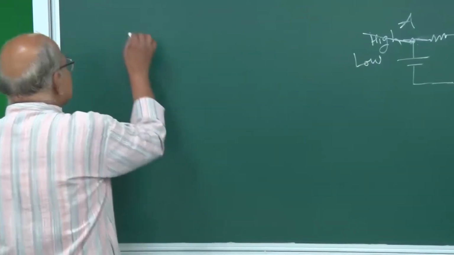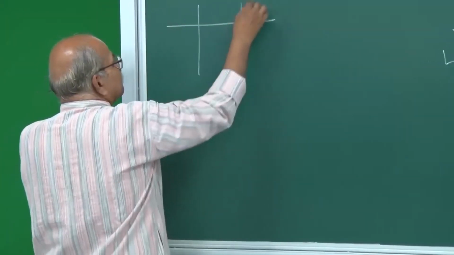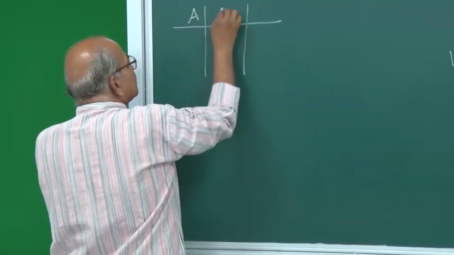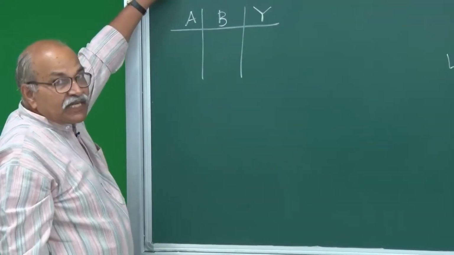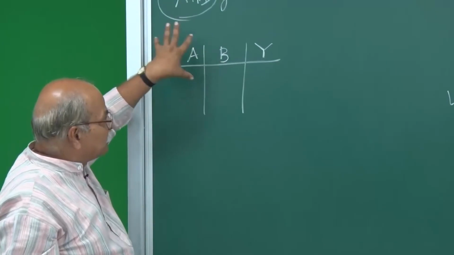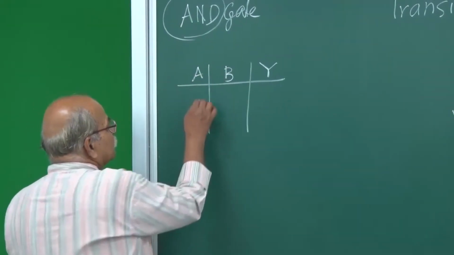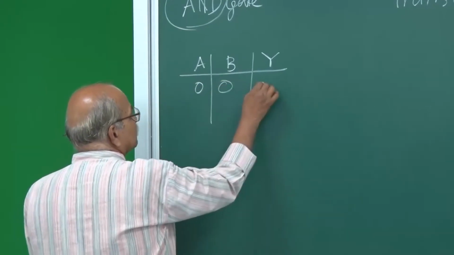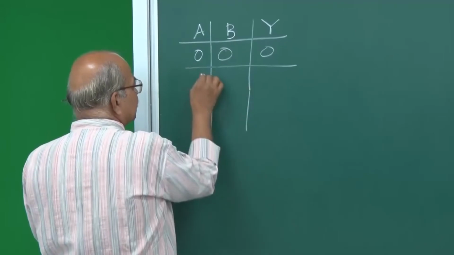If I draw the truth table for 2 inputs and 1 output, the basic AND gate will have this. You can have more inputs, but the basic AND gate has 2 inputs and 1 output. If A is 0 and B is 0, Y is 0.